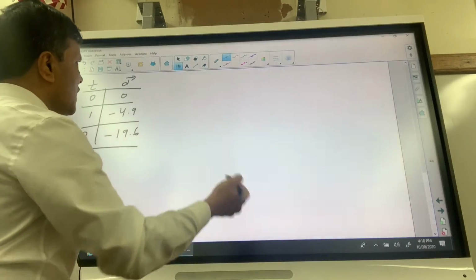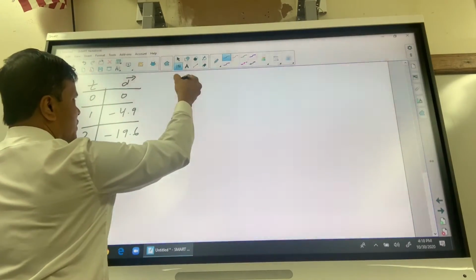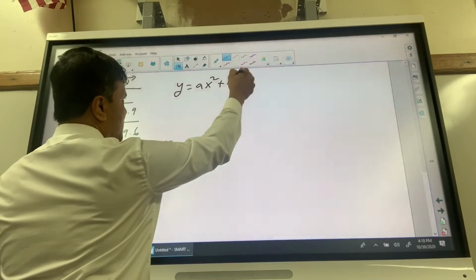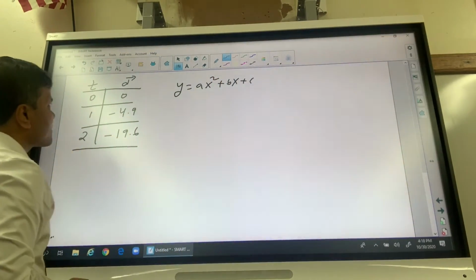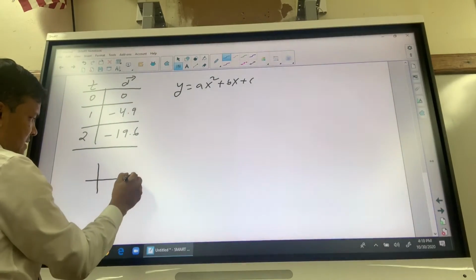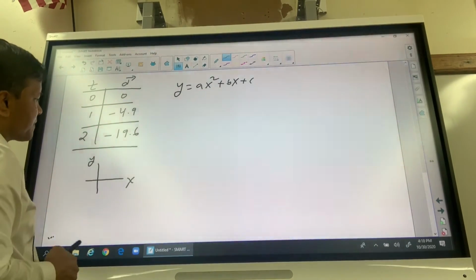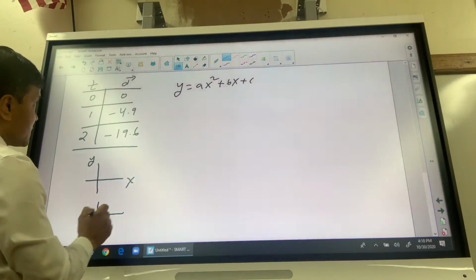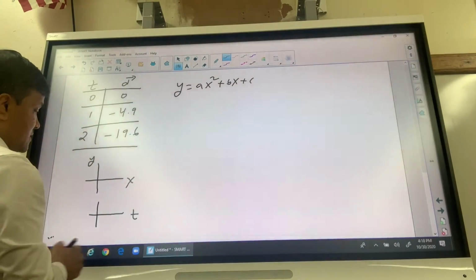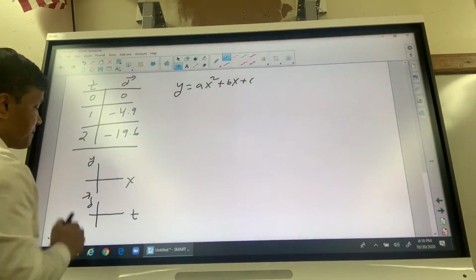So the second degree polynomial invented by Brahmagupta looks like ax squared plus bx plus c. So we're going to call this one x and this one y. That means the time is x and the displacement is y.